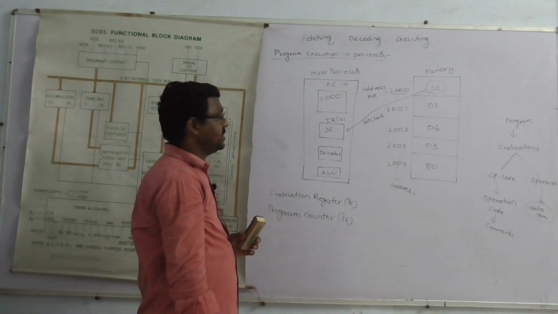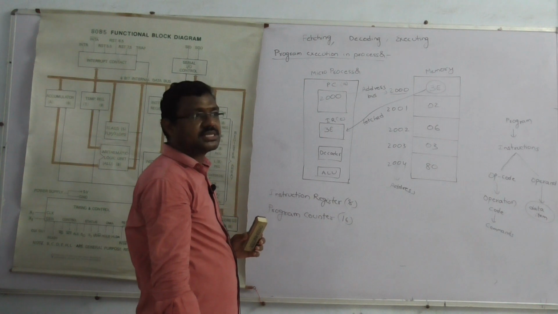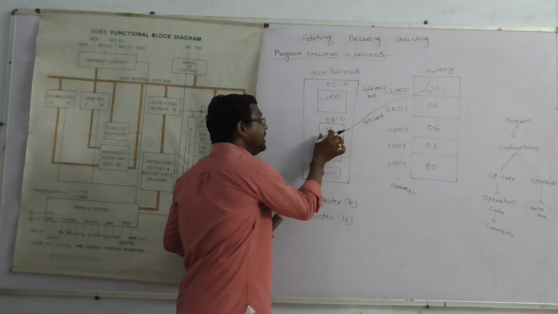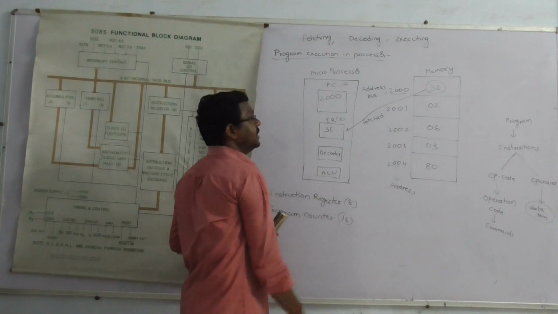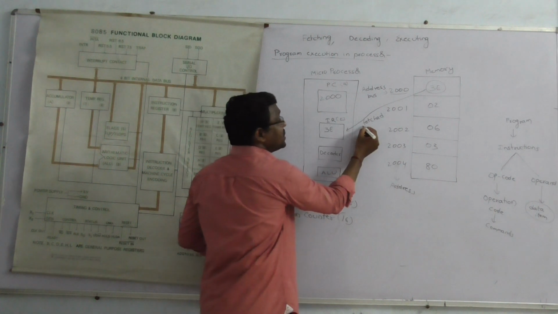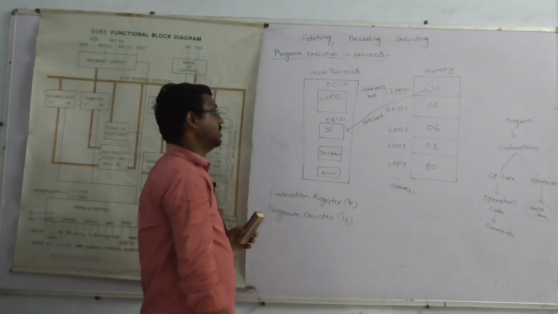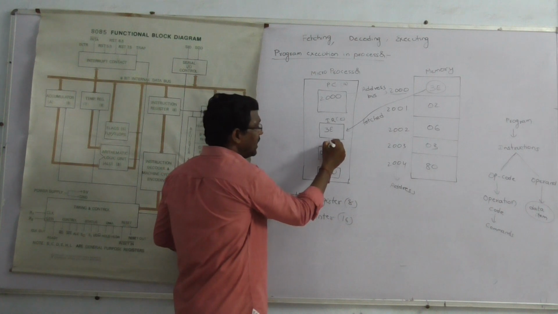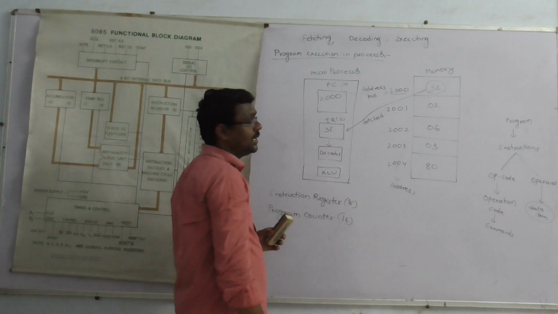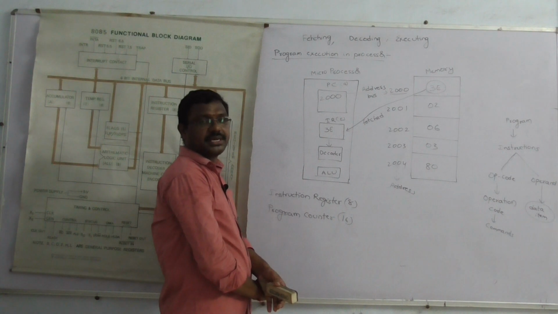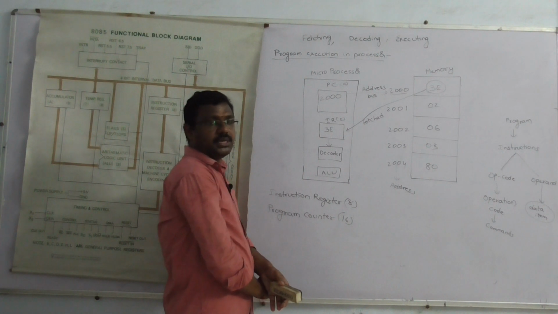Here the instruction register is an 8-bit register. When an instruction is fetched from memory, it is stored in the instruction register. This is the fetching done by the microprocessor, and then it goes to the decoder. What is the use of the decoder in the 8085 microprocessor?